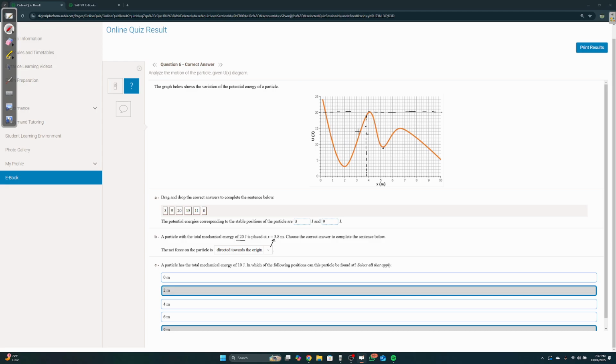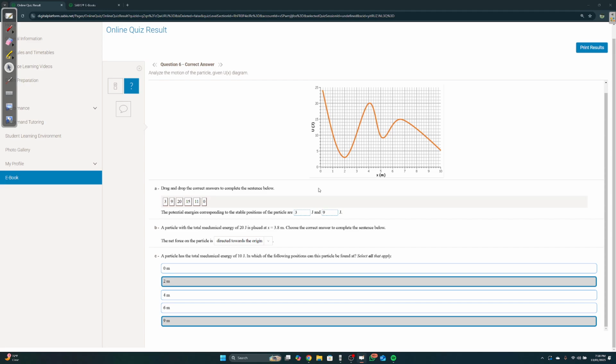The force is equal to the negative derivative of U with respect to x, right? Here my change is positive, so negative of a positive value, so surely the force is going to be negative. Please correct me in the comments if I'm wrong. But this is why I think it's directed towards the origin. If a force is positive, it's going to pull you away, right? If a force is negative, it's going to take you back to the origin. That's the only reason I think it's towards the origin. Please correct me if I'm wrong in the comments.